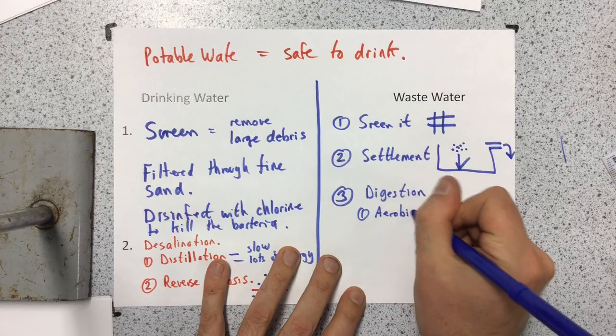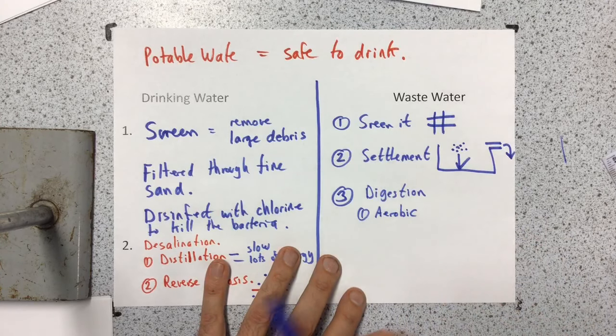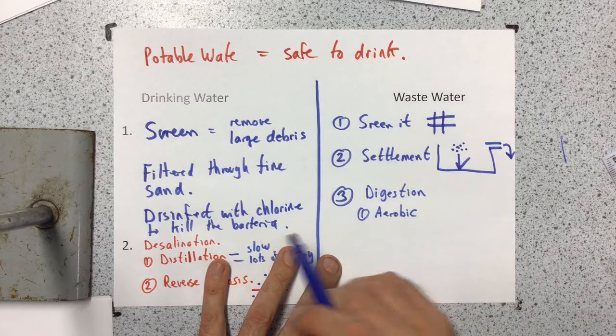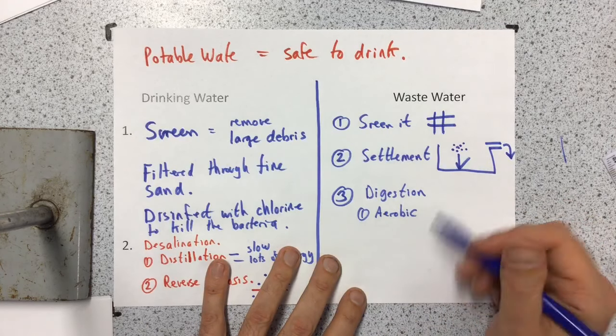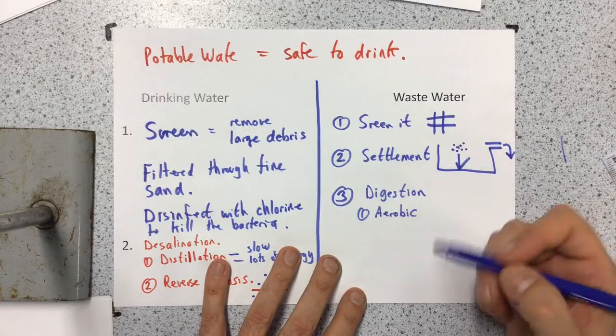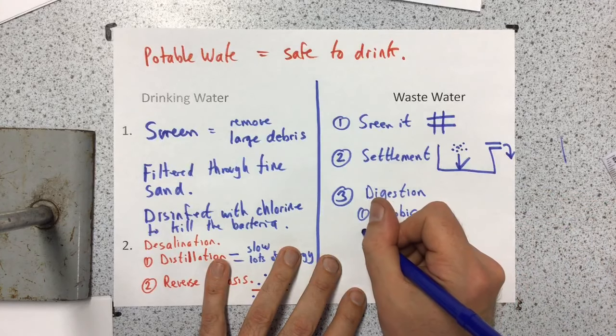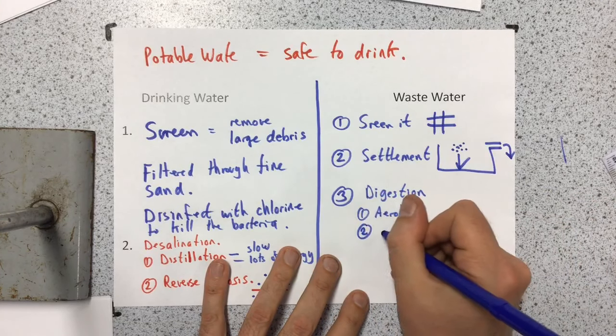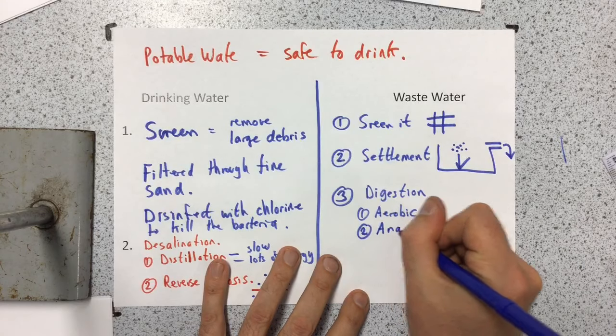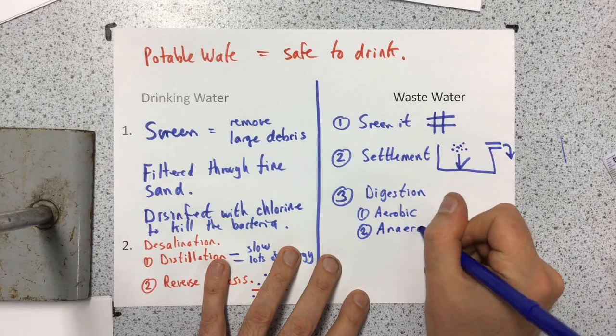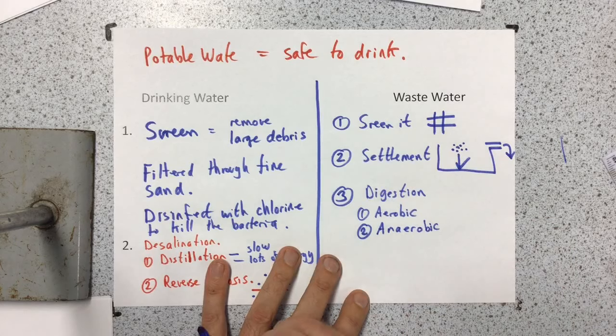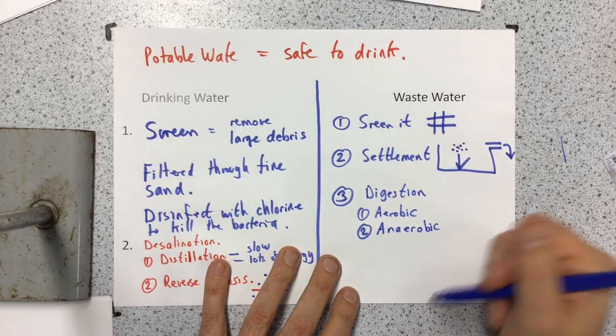So what they do is they put it in giant tanks with bacteria, bubble loads of air through it, and the bacteria literally digests and feeds on the organic waste. They then put it in a sealed tank for a second stage of anaerobic respiration, where the bacteria again feeds on more organic waste.